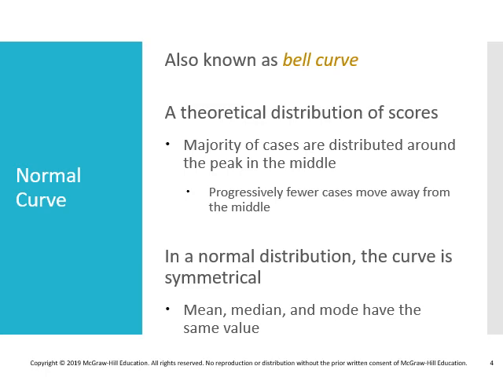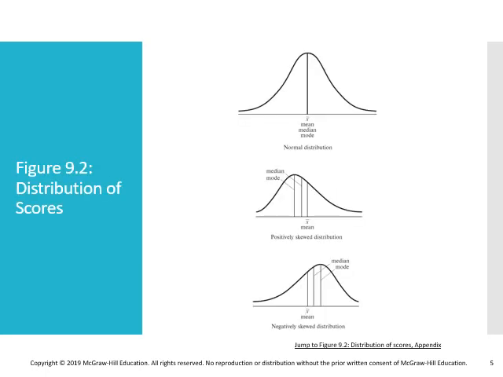It's a normal distribution because it shows that the majority of the responses, majority of the cases all happen in the peak of that curve. So let's take a look on our next slide where we can have a better view of what that means.